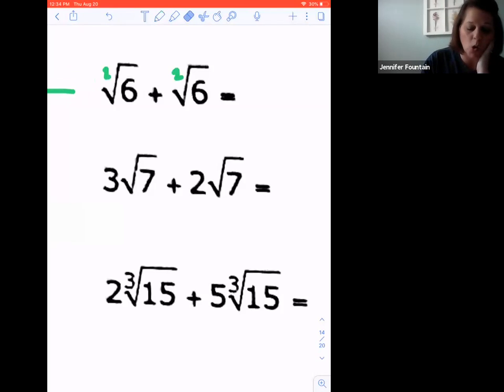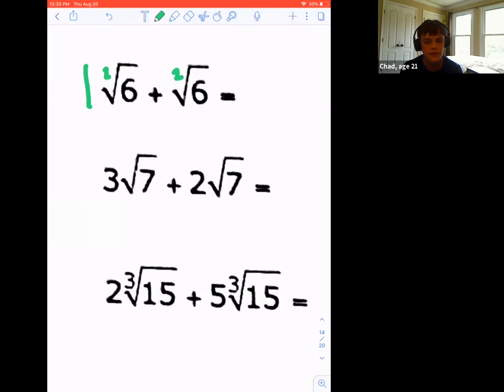But what is the whole number in front of it? It would be a 1, because 1 times the square root of 6 is the same as the square root of 6.